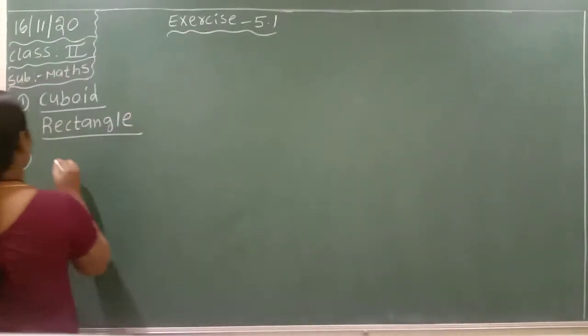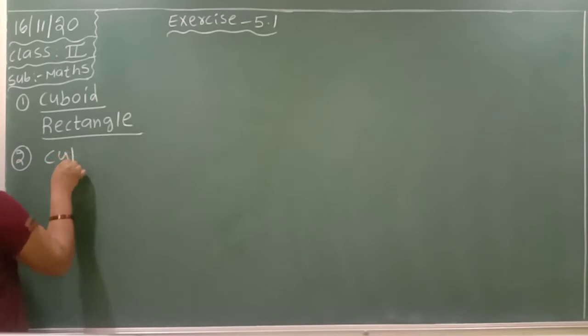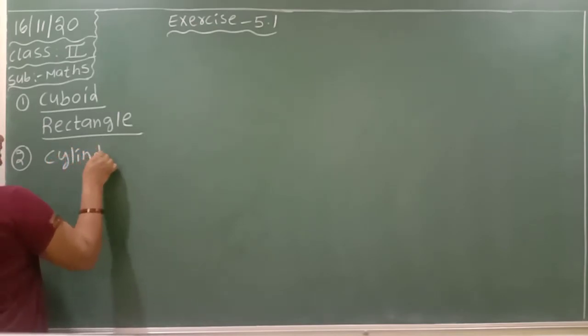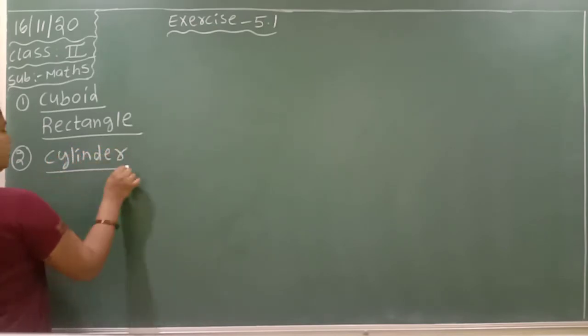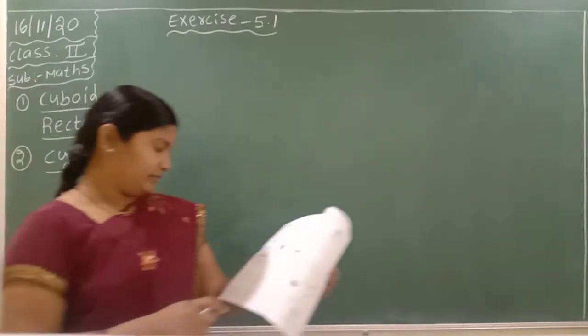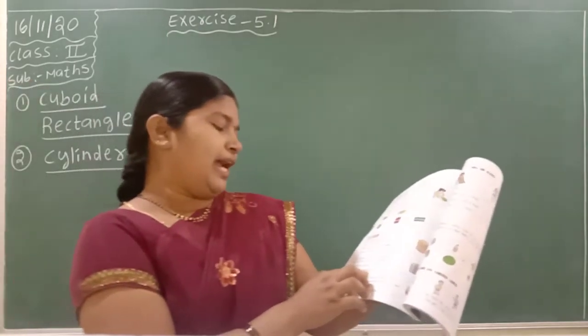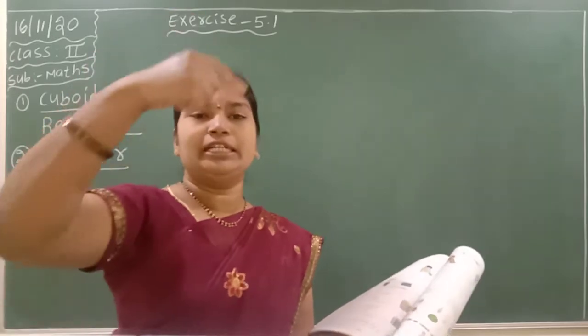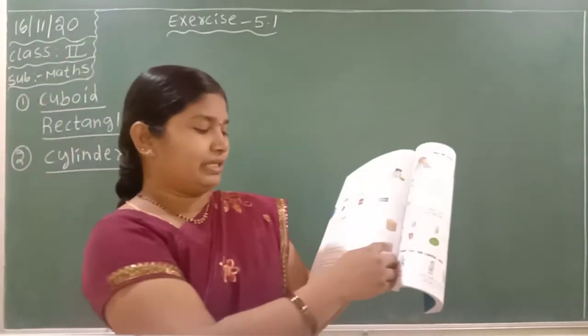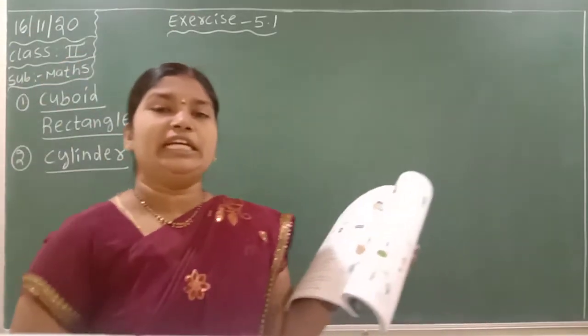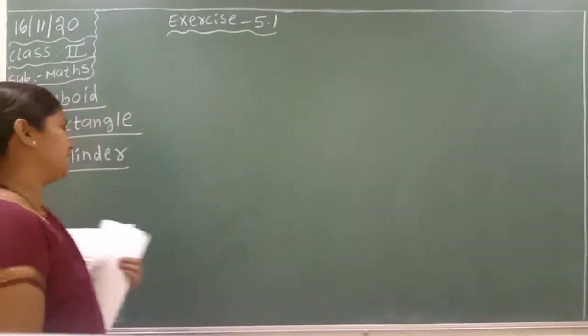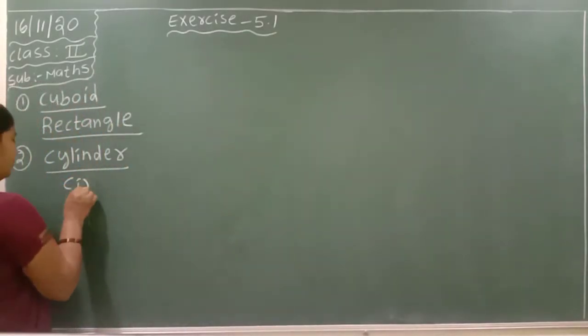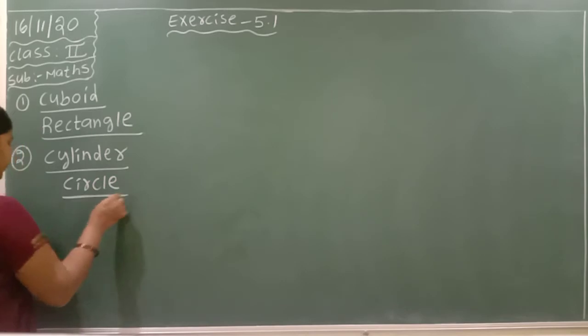Say the cylinder spelling, children. C-Y-L-I-N-D-E-R. Cylinder. What is the flat shape you see on its top face? What are you observing here? It is in the shape of a circle.